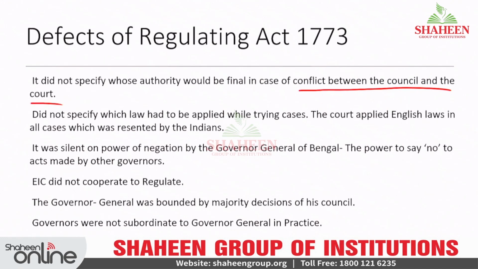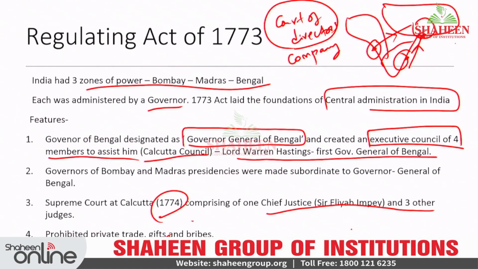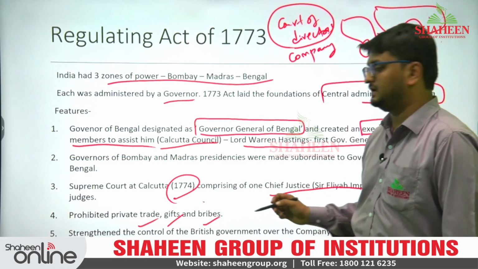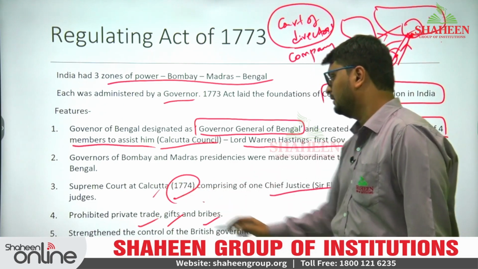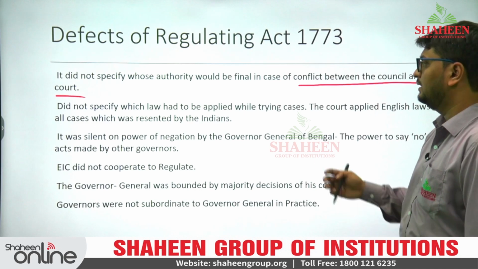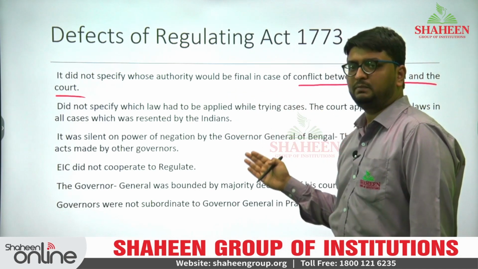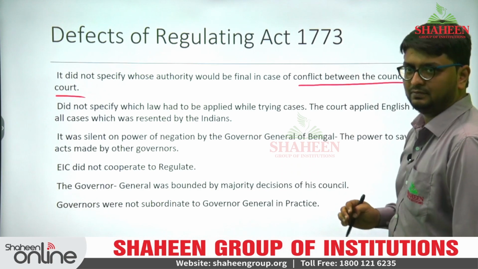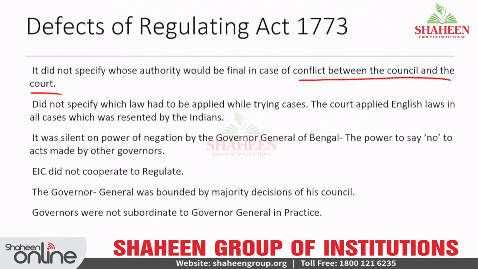You have seen that there is a Supreme Court at Calcutta which was established by the Regulating Act of 1773, but the Act did not specify what to do if there is a conflict between the council and the court, whose authority would be final.